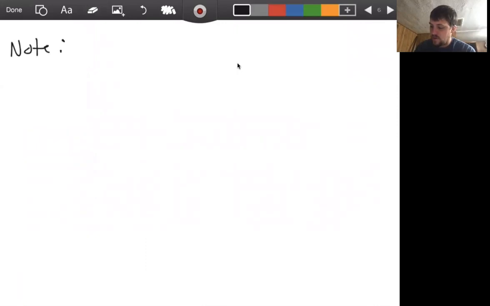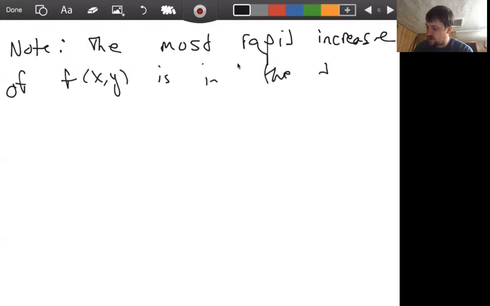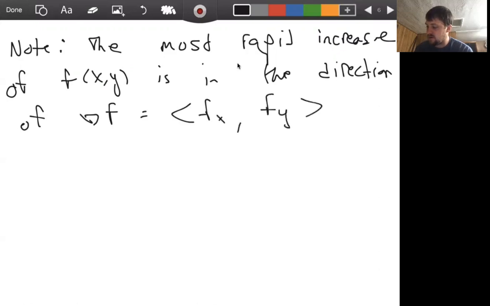So here's a note: the most rapid increase of a function is in the direction of the gradient, which again is the vector with components that are the partial derivatives.